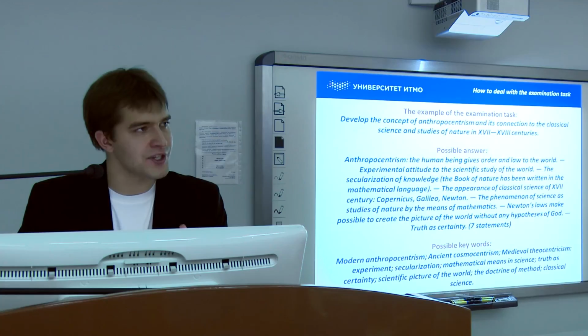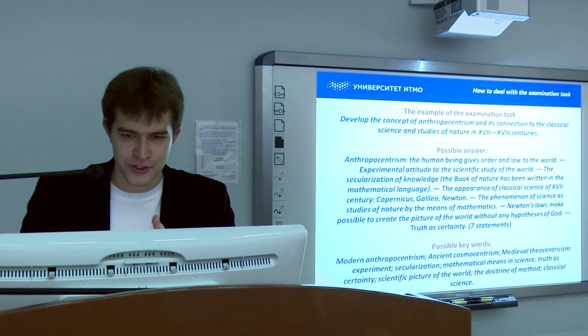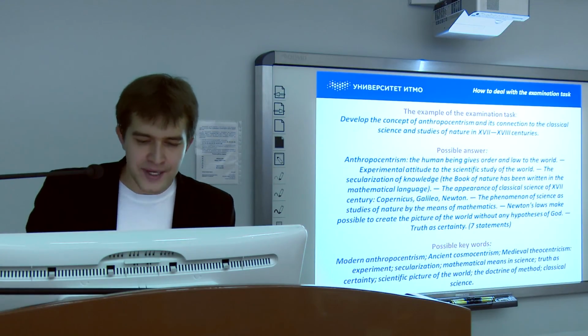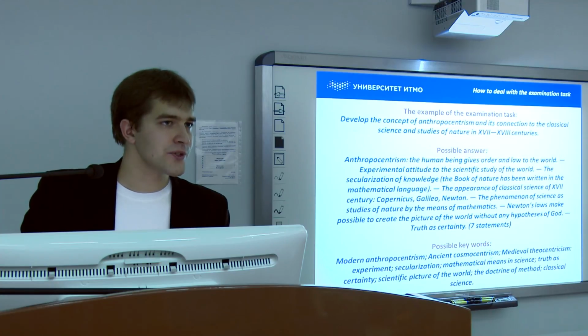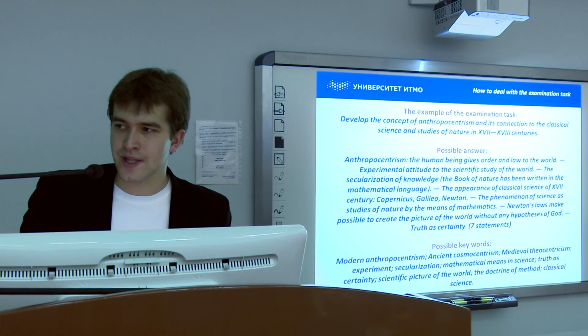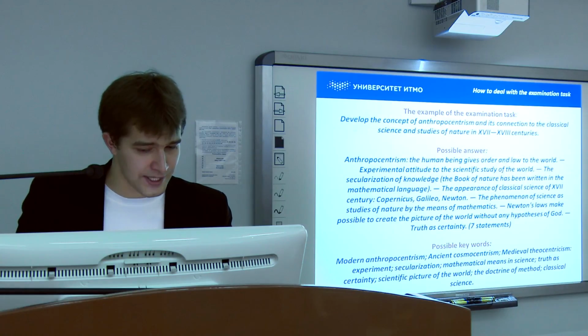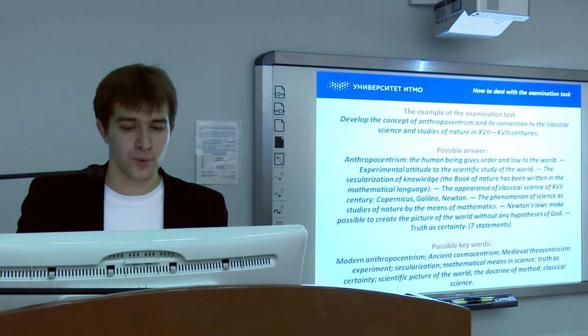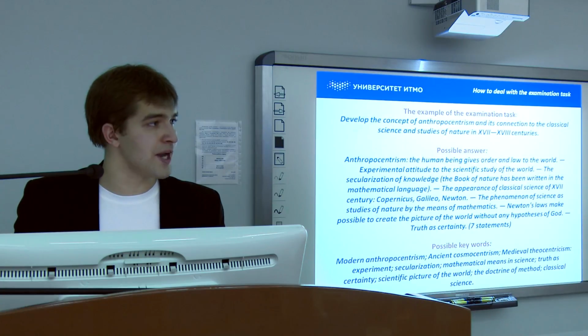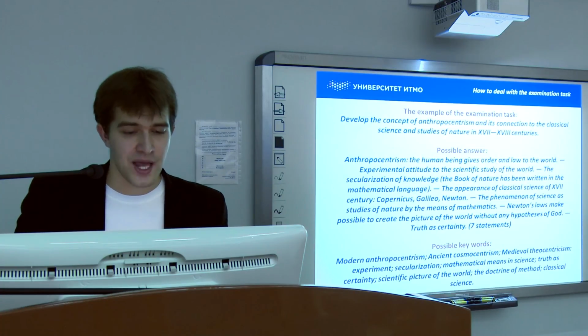And the second position, how to solve this task, is to give the keywords. I hope you have also seen that in the synopsis there are key figures and key words in the very end of the paper. Here it is the same.